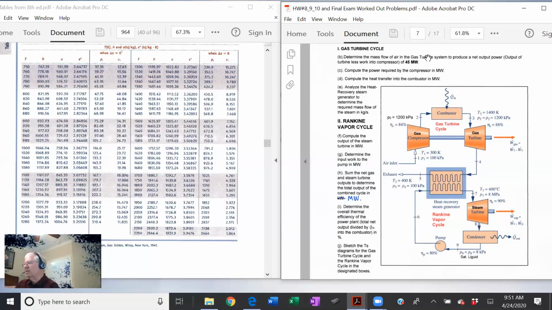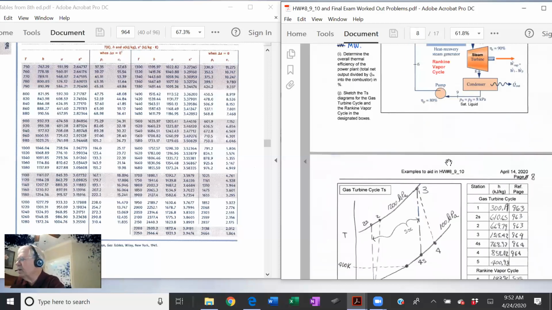But I'll give you a little help. I tell you that the output of this gas turbine is just like before, 45 megawatts. And the first thing we've got to do is calculate all the enthalpies.